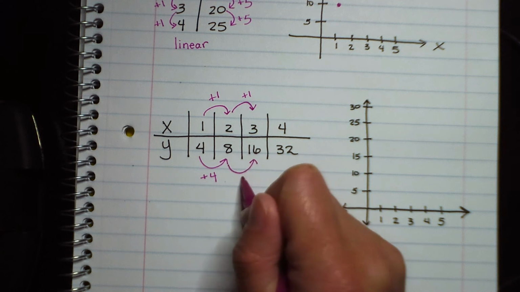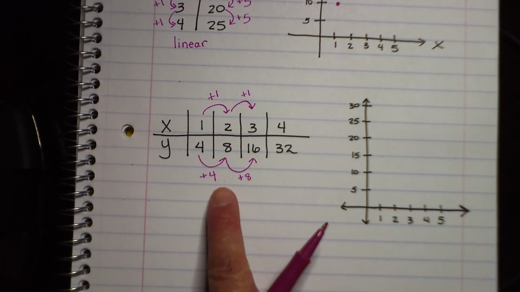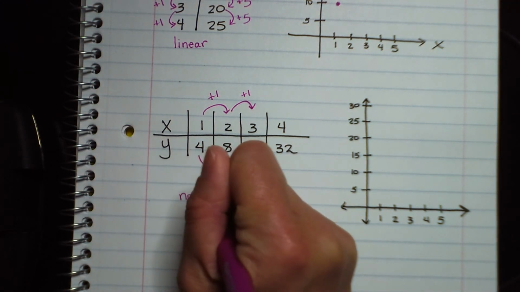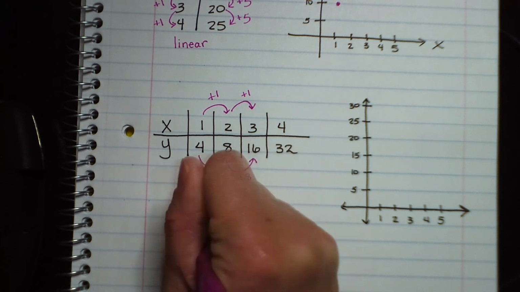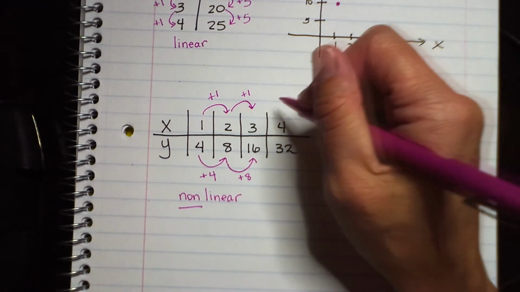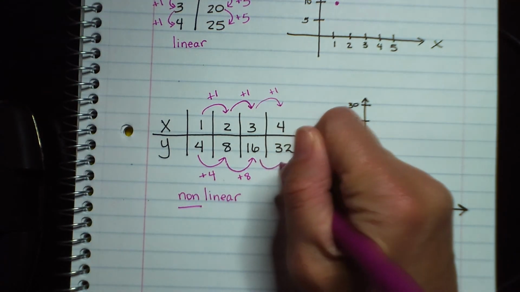To go from 8 to 16, that's 8. And so I can actually stop there, because I can say this is not linear, or we would say non-linear. Non-linear because there's not a constant rate of change. If I went one more time, I would see that this is plus 1 and this would be plus 16.